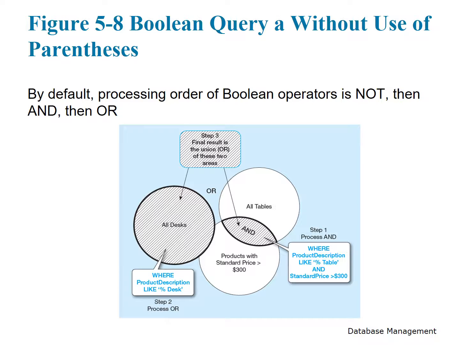By default, the AND operation takes place before the OR, so only tables over $300 are included via the AND. These are then combined with all desks, no matter what price, via the OR.